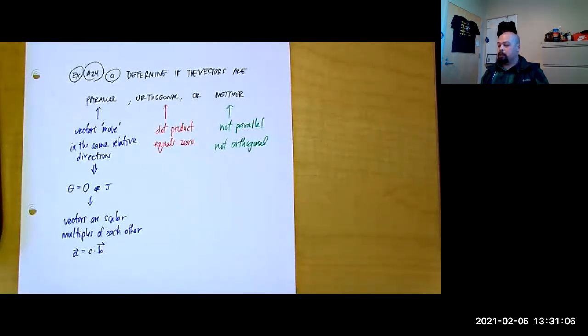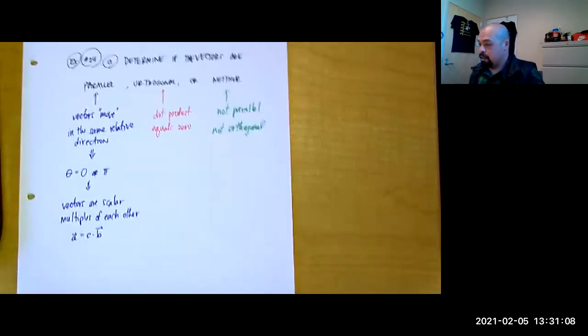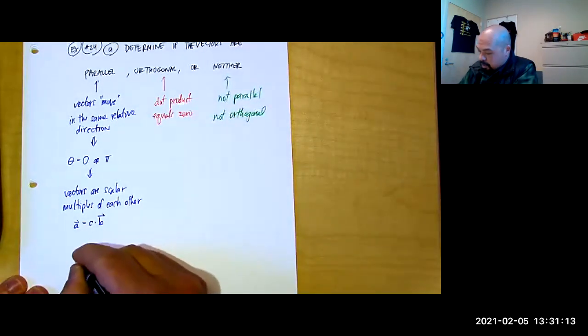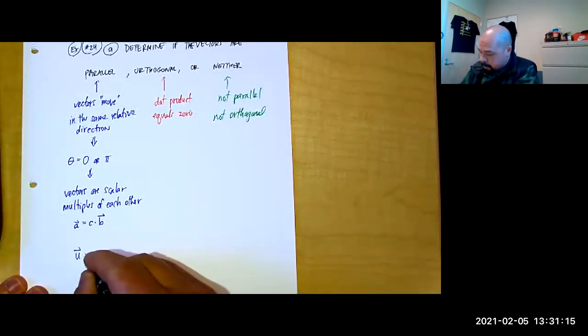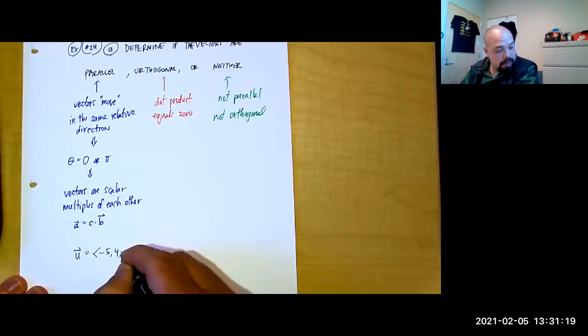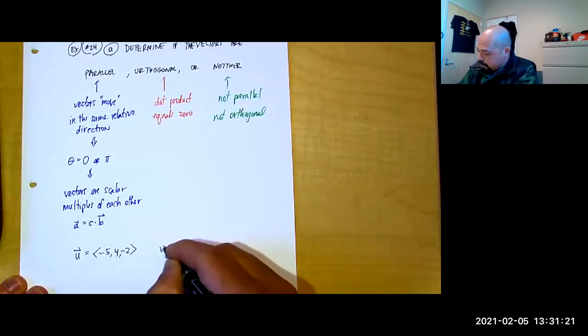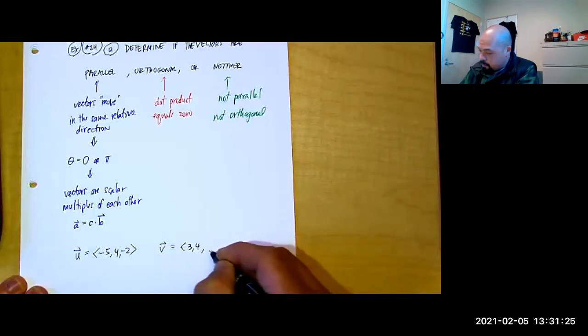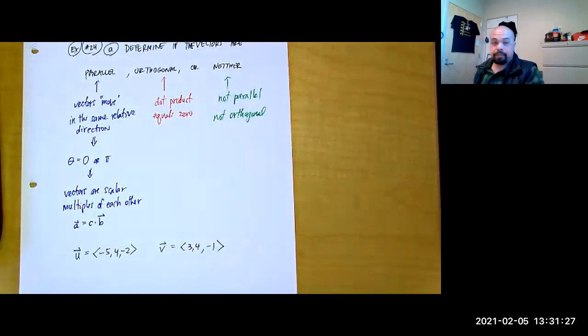All right. So with that said, let's check out these two vectors. For part A in this problem, vector u is -5, 4, -2, and vector v is 3, 4, -1.